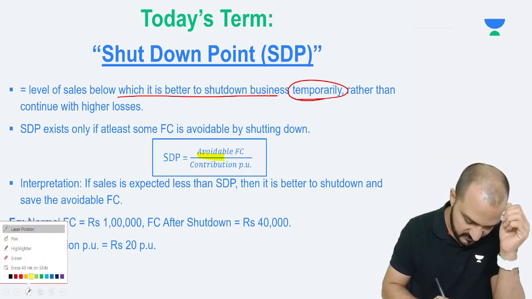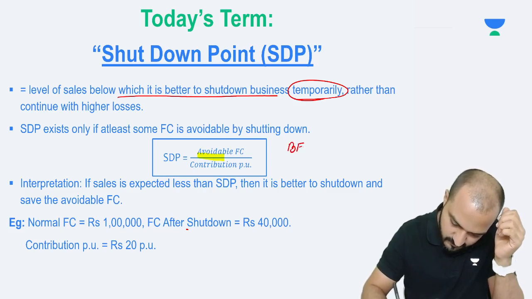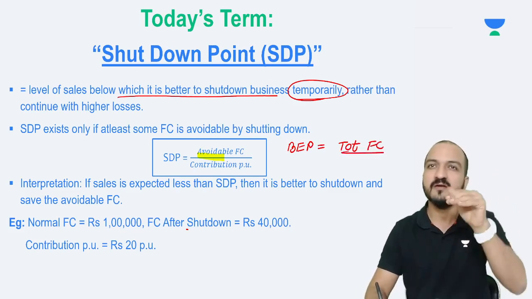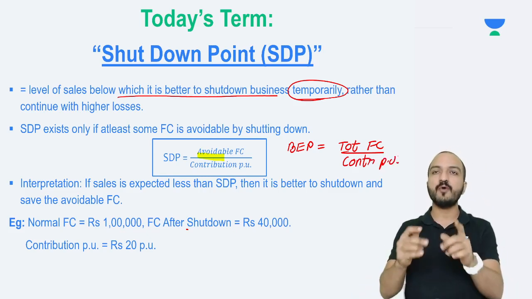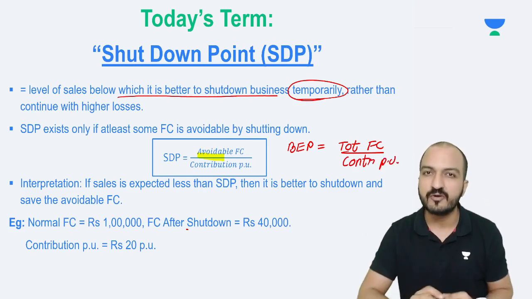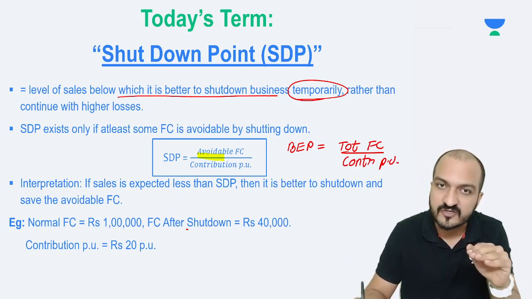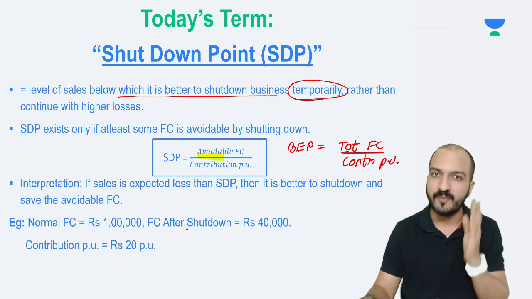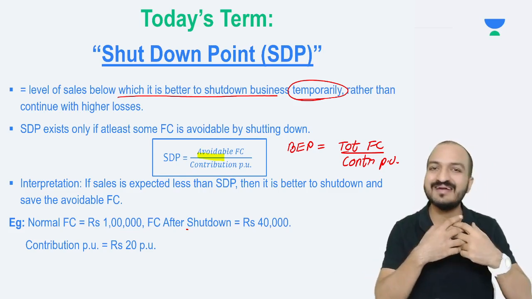If I compare this with the formula of break even point, look, break even point is total fixed cost divided by contribution per unit, while shutdown point is not total fixed cost. Why the difference? Because break even point is the point where you want to avoid entire loss.